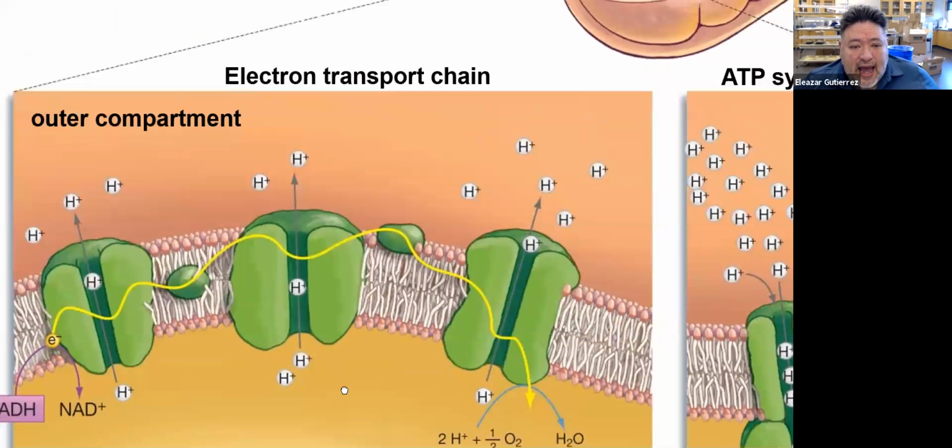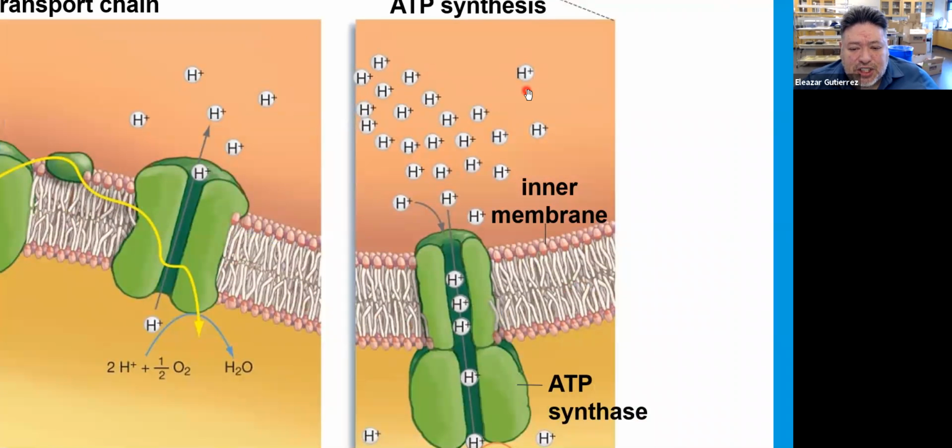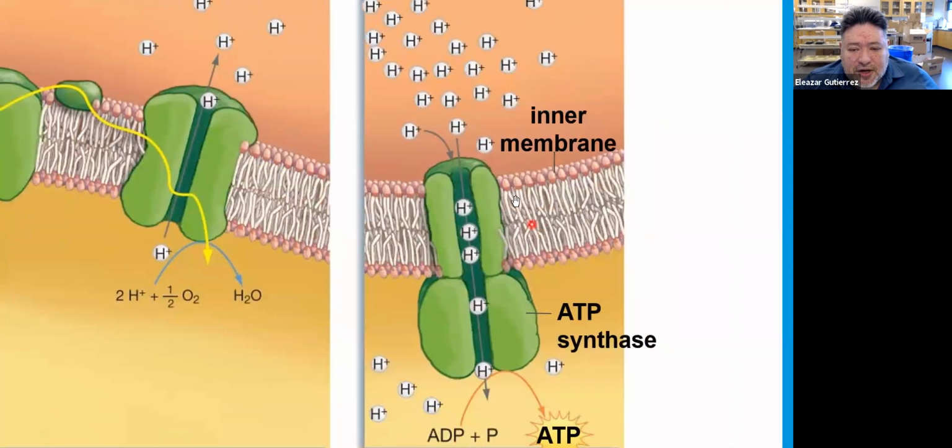Okay? Now what? Now we have this beautiful gradient being produced in the intermembrane space, and that gradient is so powerful that it turns this beautiful enzyme called ATP synthase.